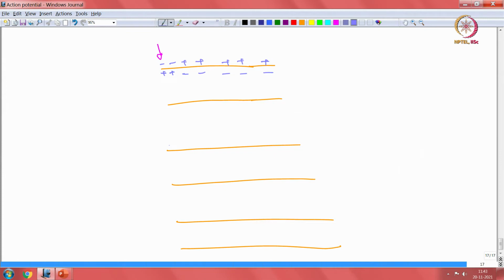Okay. So, at the end of the action potential over here we have positive, negative again back, but it is transmitted distally.